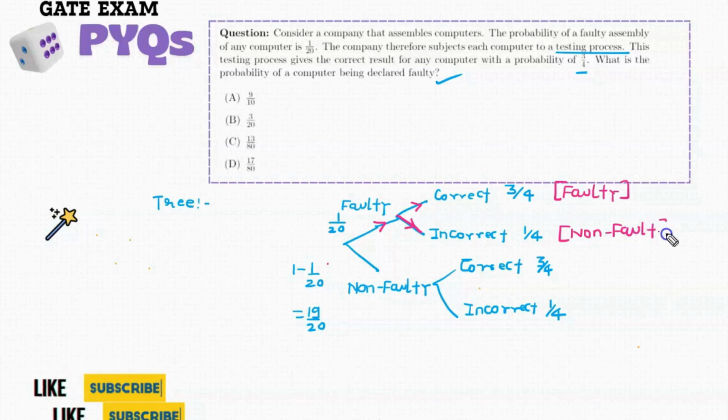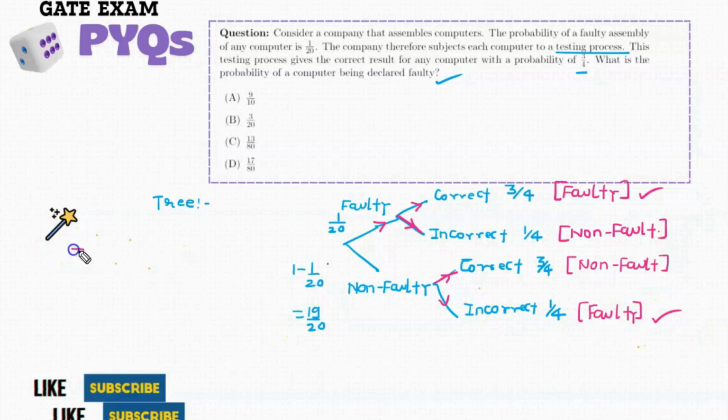Sorry, here what we have to do is, if it is non-faulty and we get the correct result, that means yes, it is non-faulty. And if it is non-faulty and the result is incorrect, then the conclusion will be that it is faulty. So we have to just consider these two cases.